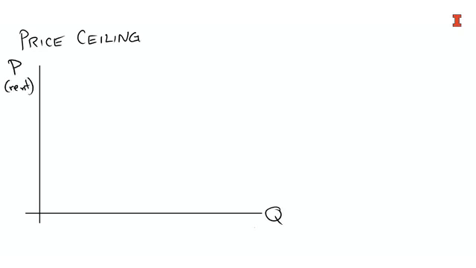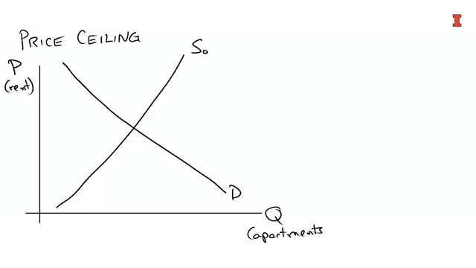And on the horizontal axis we're going to measure quantity, which in this case is the quantity of apartments for rent. We'll draw an original supply that looks something like this, and an original demand that looks something like this, and that gives us a market clearing price we'll label as P0, Q0. That's the price that the free market would find if left to its own devices.